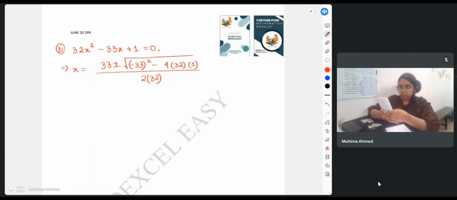Inside, 33 squared minus 4 times 32 is actually 961.